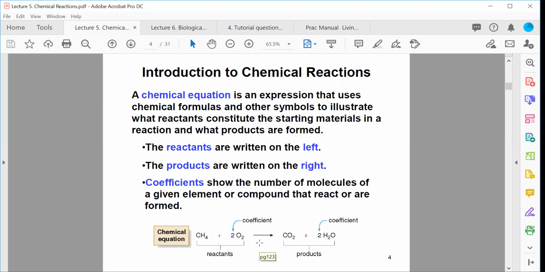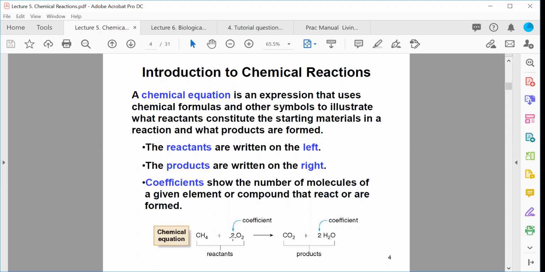You know that that's a reaction arrow to illustrate what reactants constitute the starting materials and what products are formed as a result of that chemical reaction. Reactants are always written to the left of the reaction arrow, and the products you can see are written to the right.